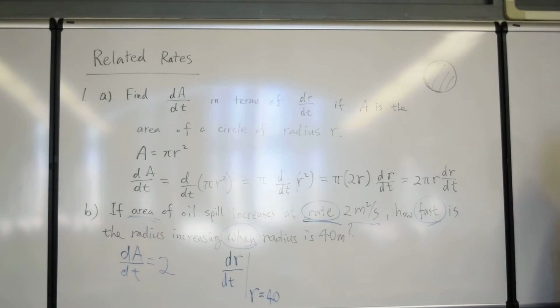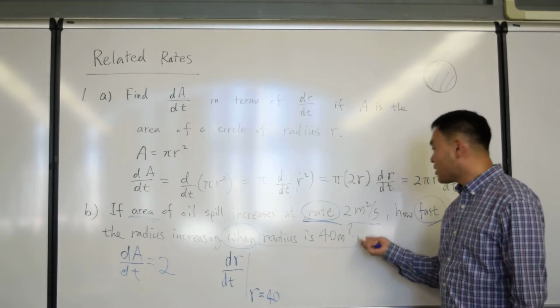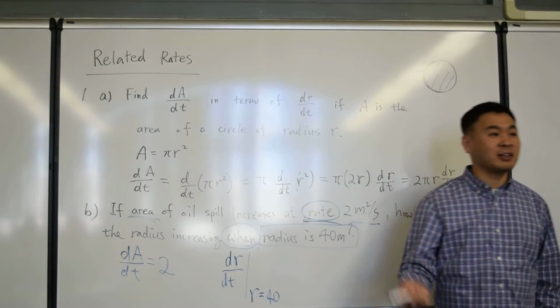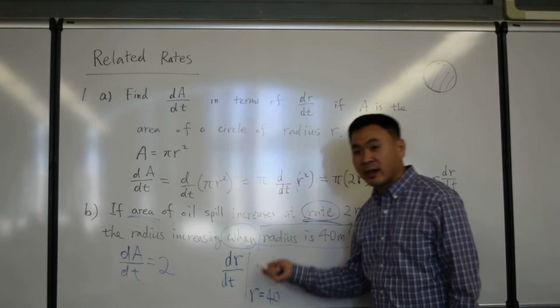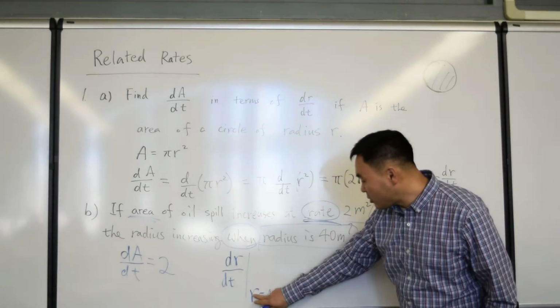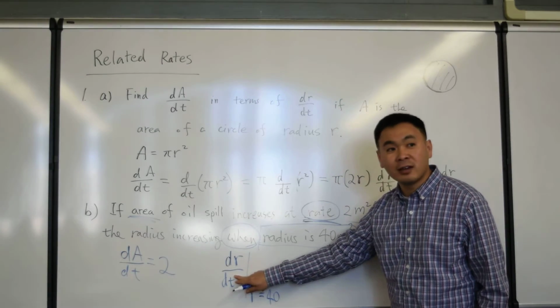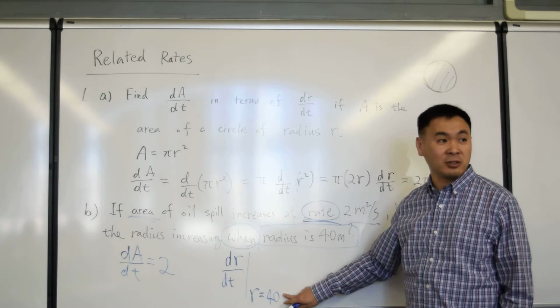This is important because so many people just plug in r equals 40 at the beginning before they differentiate. But once you write it in this format, a bar with this condition, then you know that you should be differentiating first, and then you evaluate the function at the end. That's what should be done.